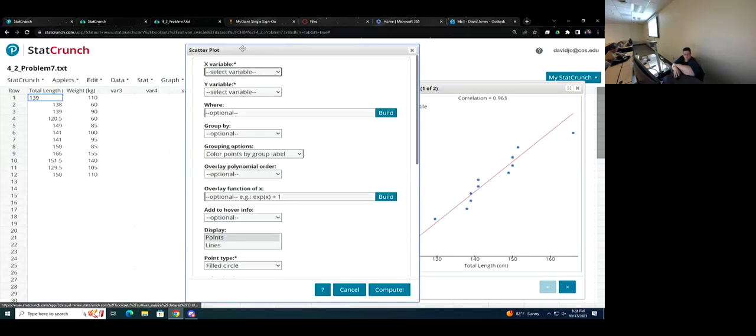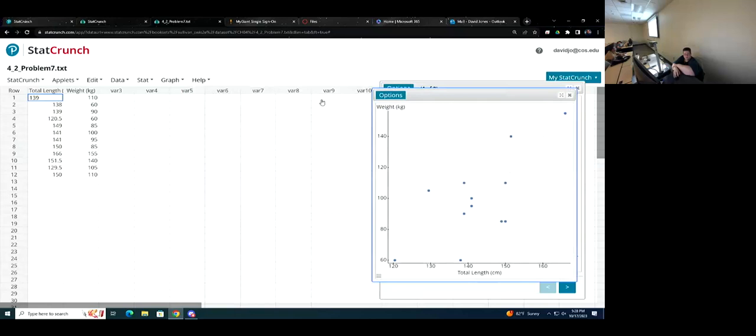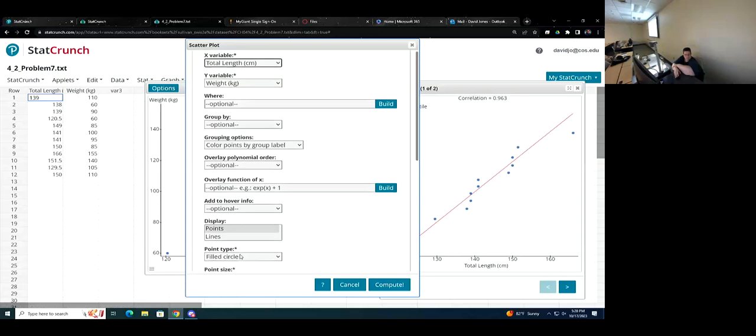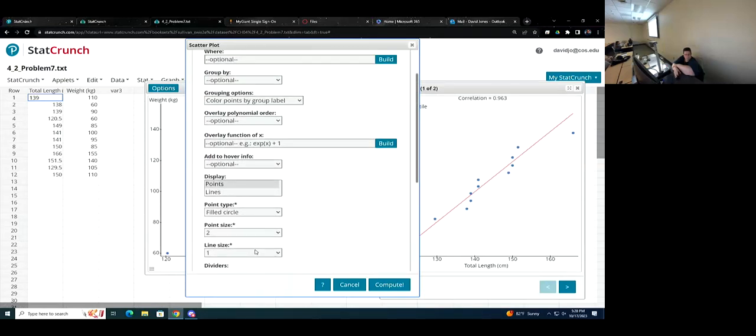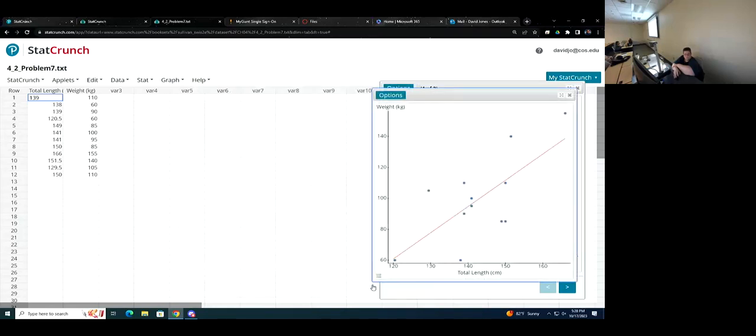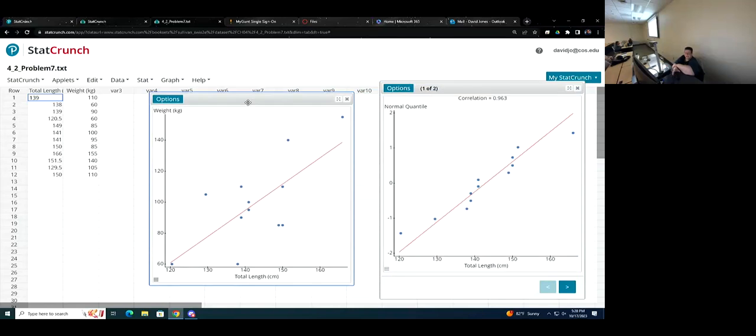Let's go look at it real quick. So that doesn't have the line. So that's the kind of graph we had before. This is a different graph. It's definitely a different graph.